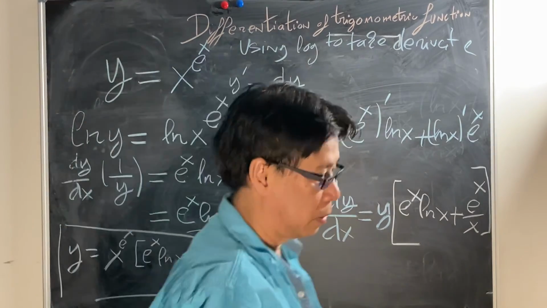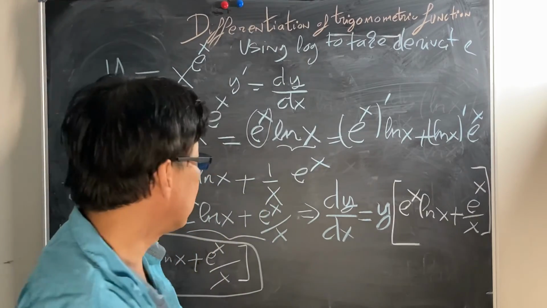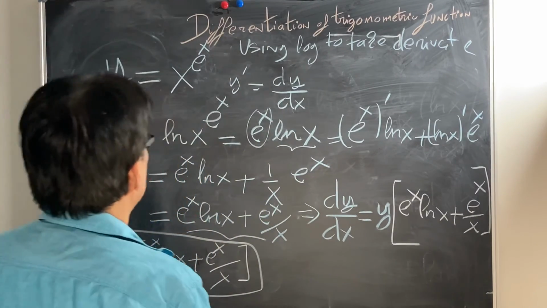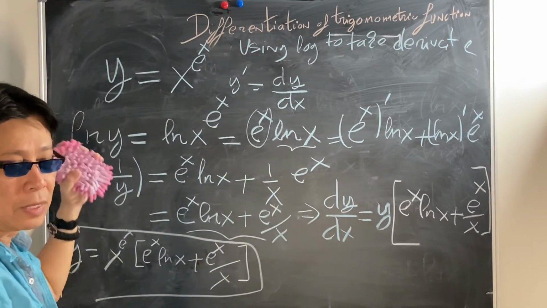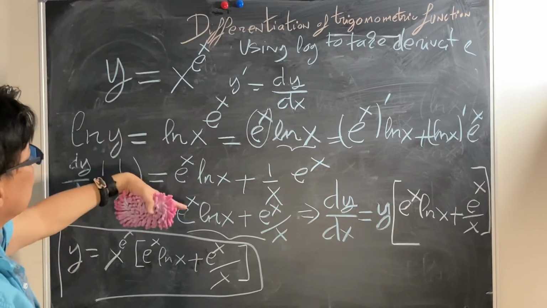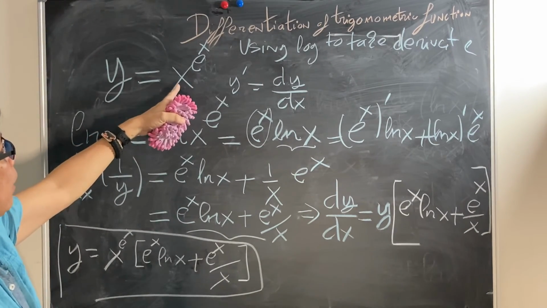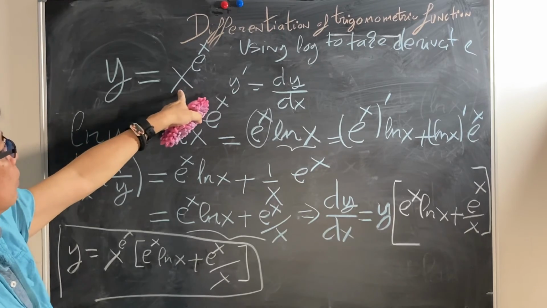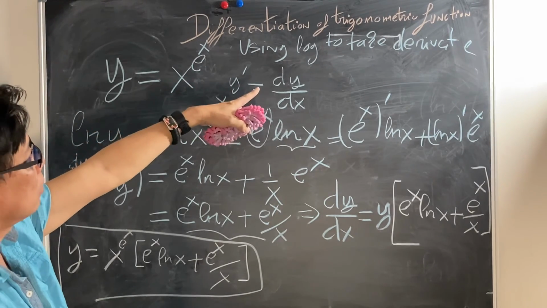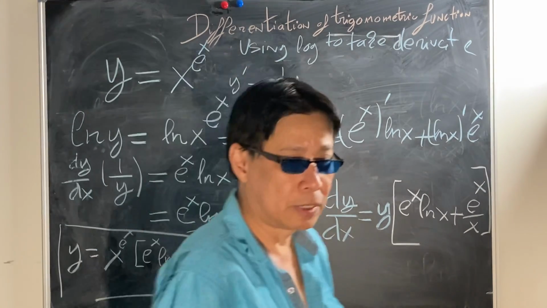So I guess you just go home, do homework, and remember the derivatives of those eight trigonometric functions, and find some exercises to apply this log to take the derivative. Okay. Alright, I'll see you next time.